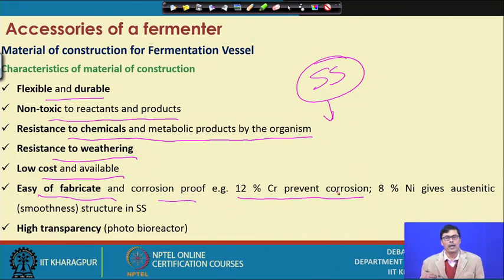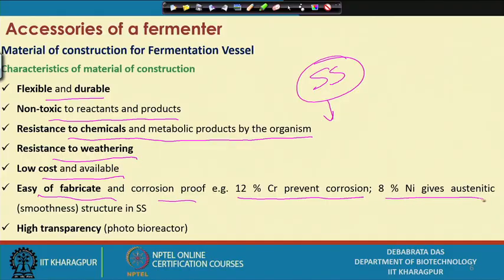Not only that, suppose I work with the citric acid industry, and citric acid is more corrosive to the material of construction, so we can go for a little bit higher. In that case, we add some molybdenum to give more acid resistant property to the stainless steel. Now, the nickel gives the austenitic structure.